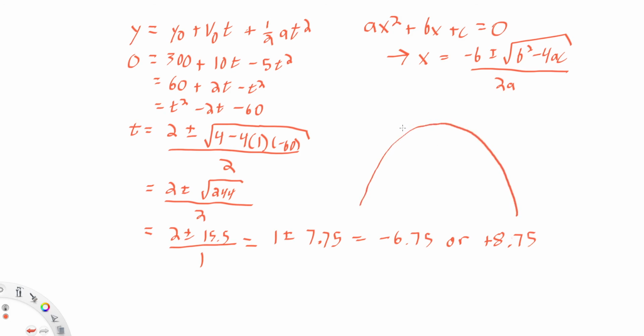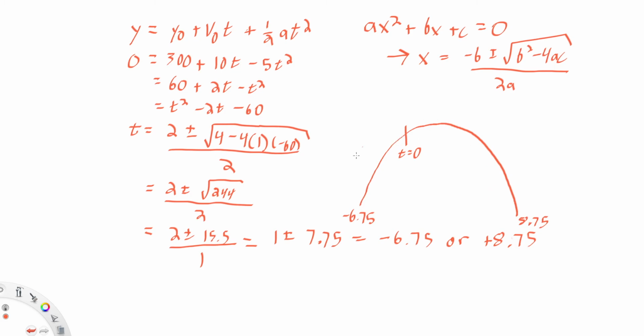Here's the point where we dropped it, t equals 0. If we were to backtrack this shape, we would find that 6.75 seconds ago, it would have been on the ground, and 8.75 seconds in the future, it'll be on the ground.